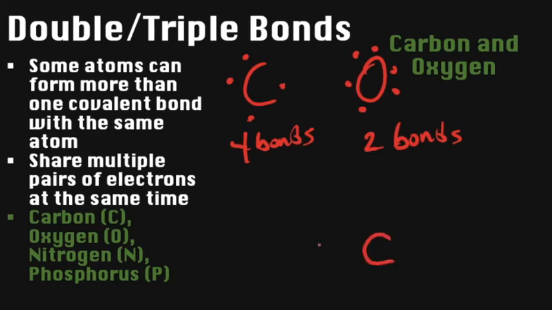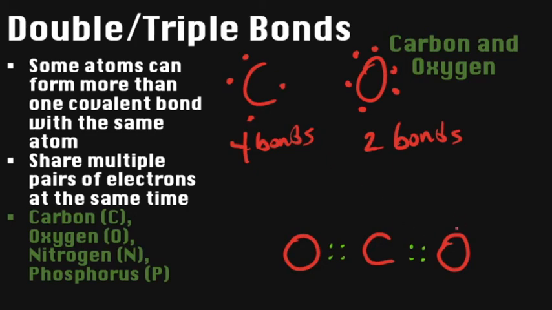We're going to have 1 carbon and 2 oxygens. But here's the thing. This oxygen wants to form 2 bonds. And this oxygen over here wants to form 2 bonds. Carbon wants to form 4. So how can we figure this out? Well, what if carbon shared 4 electrons with this oxygen and 4 electrons with this oxygen?